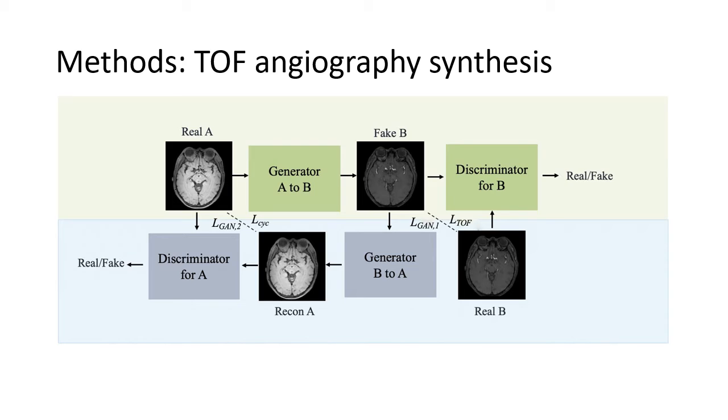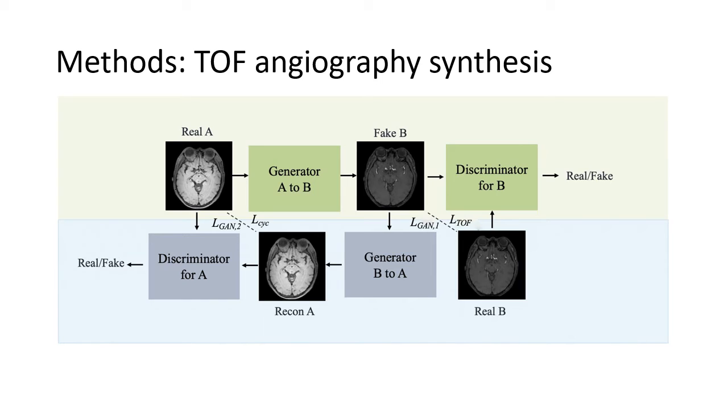To ensure TOF generation with high structural similarity and high image quality, we added designed loss to penalize the failure of generating bright pixels which denote vessel areas, so we use L2 loss, and to penalize low structure similarity measurement index, so we use SSIM loss.